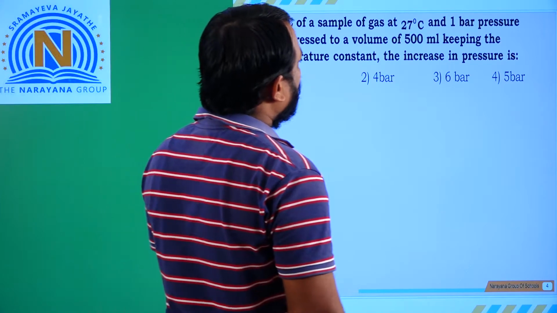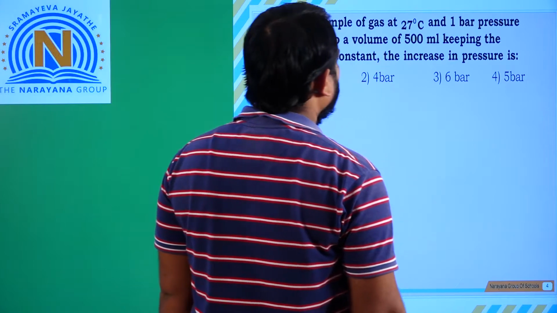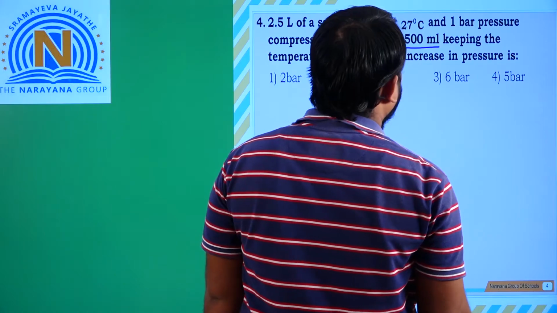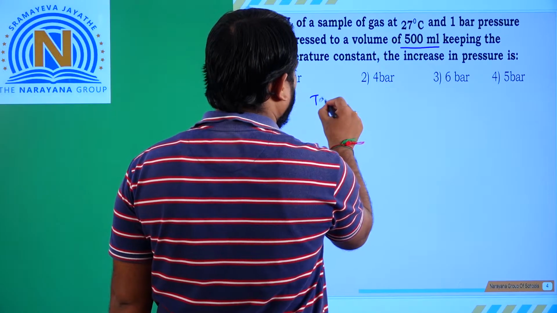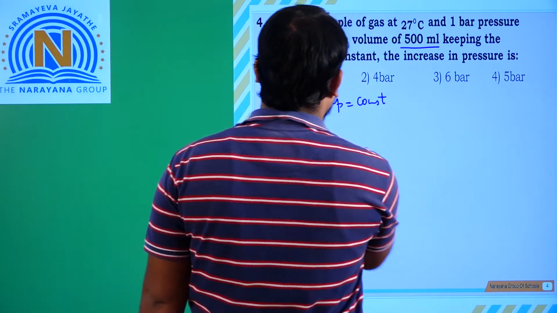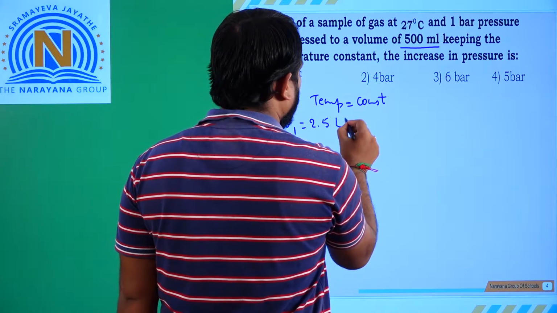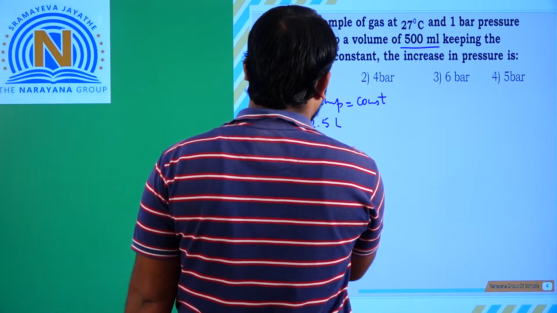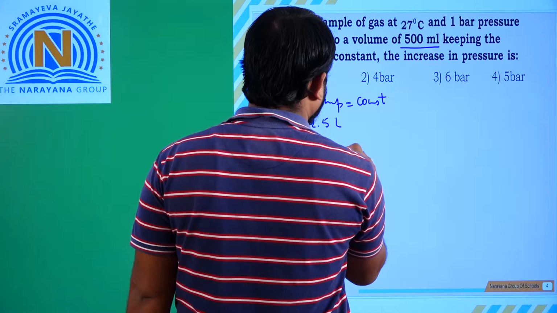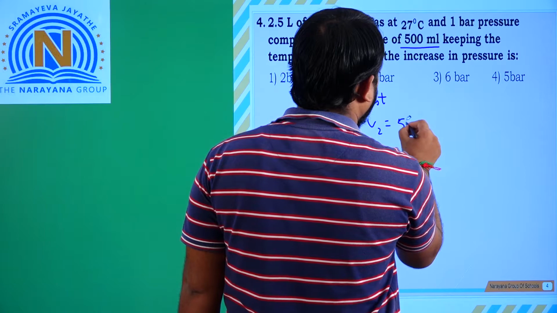Coming to the next question. 2.5 liters of a sample of gas at 27 degrees centigrade and 1 bar pressure is compressed to a volume of 500 ml, keeping the temperature constant. Here V1 given is 2.5 liters and pressure P1 given is 1 bar and V2 given is 500 ml.